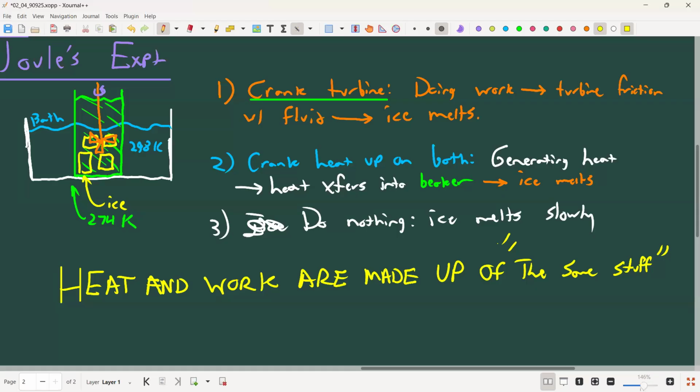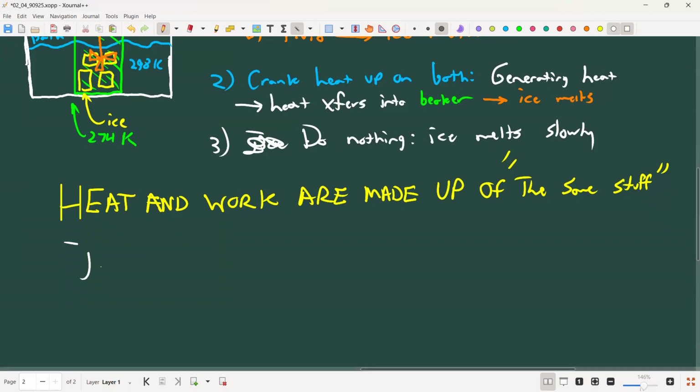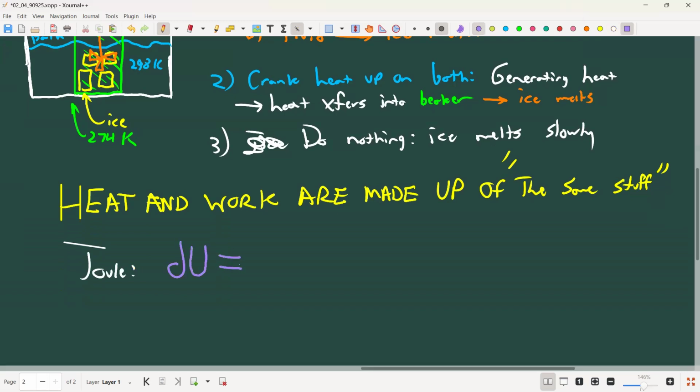Okay, so what he comes up with is a new equation. He comes up with what's called the laws of thermodynamics, Joule amongst other people, which are a little different than the way that I've introduced things, but it's a traditional way. And what Joule says is that the change in energy, du, is split into two parts.